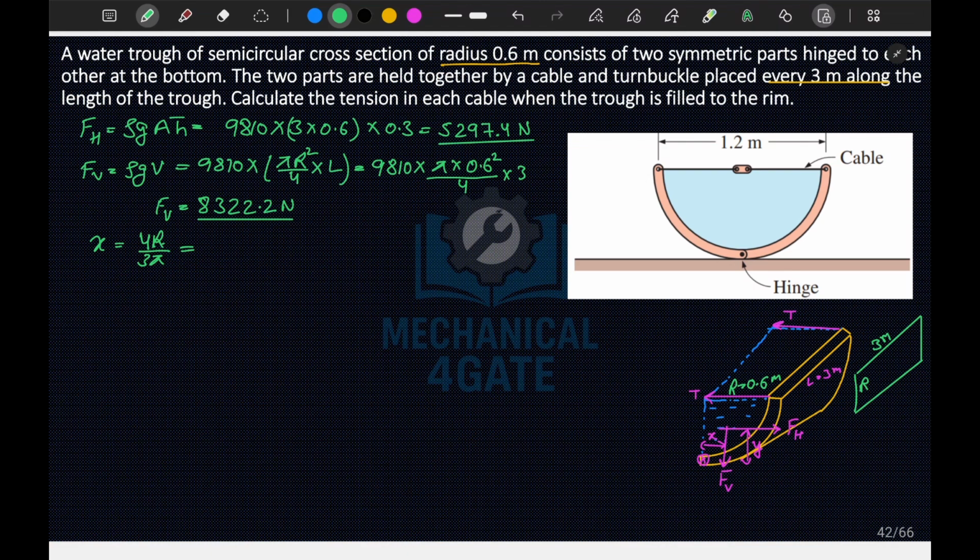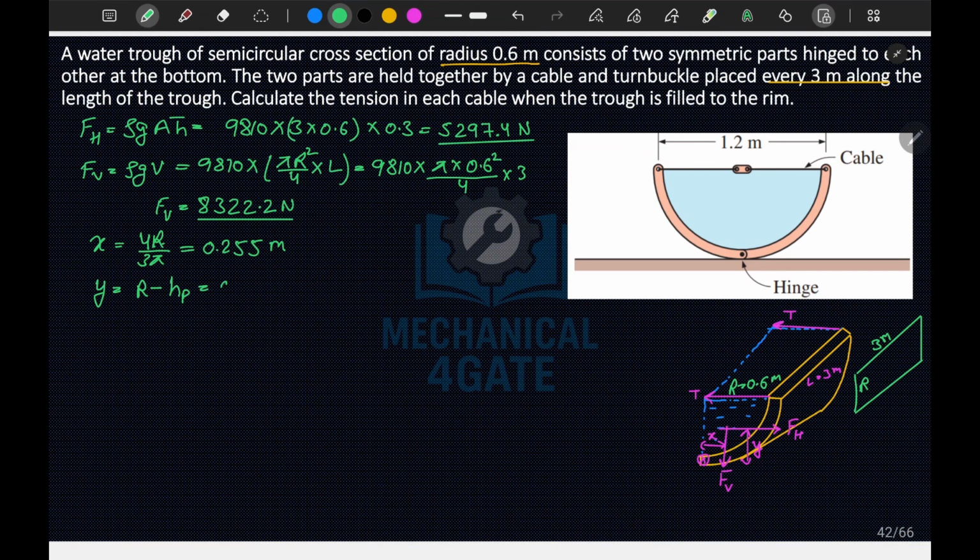This is equal to 0.255 meter. And I can write y is equal to r minus h bar.